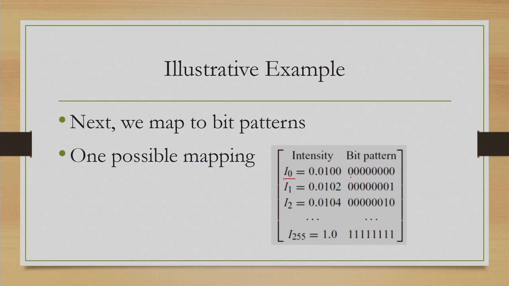So, I0 we assign 000, I1 we assign this bit pattern, I2 we assign this bit pattern, and so on up to this bit pattern for the last value. This is of course one possible mapping. Now, assignment of bit pattern can be arbitrary. It really does not matter because it has nothing to do with the preservation of ratio.